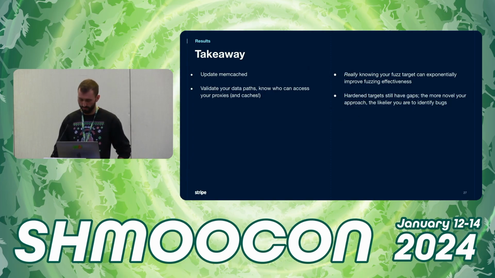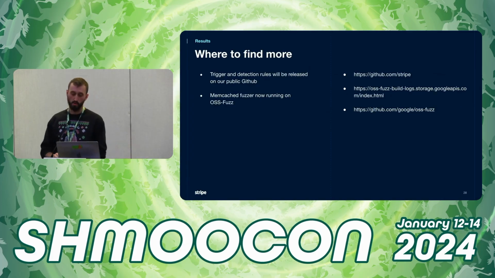And a software update. Where to find more? We're going to be releasing the detections and the POC and the slides and everything on Stripe's public GitHub in the coming days. And I wanted to quickly give a shout out to Google and their OSS-Fuzz project. If you are not familiar with OSS-Fuzz, it is effectively free infrastructure that Google provides for fuzzing open source code.